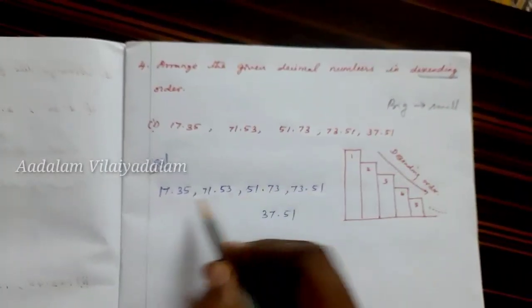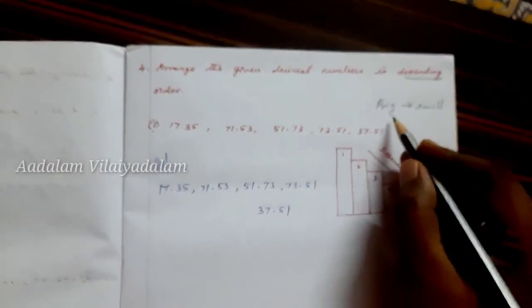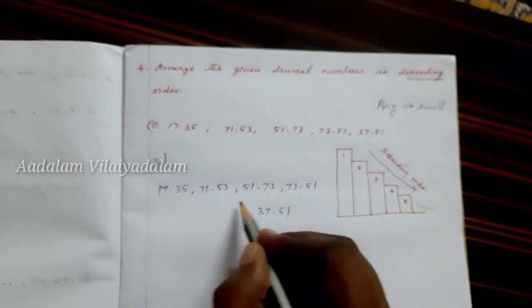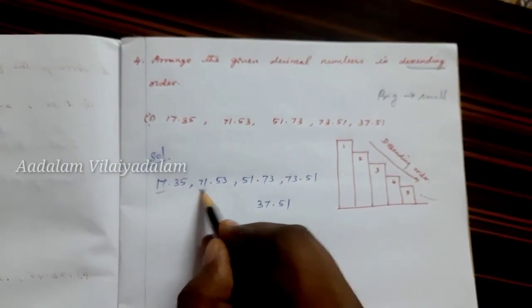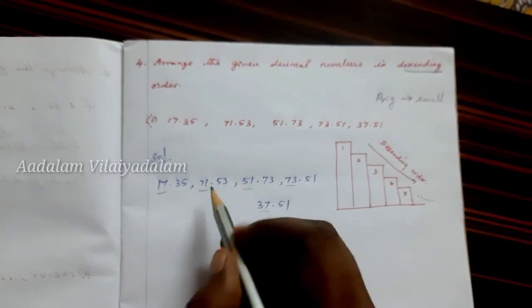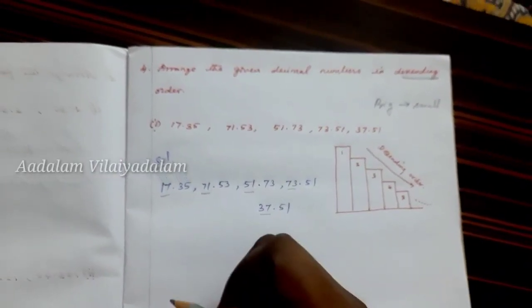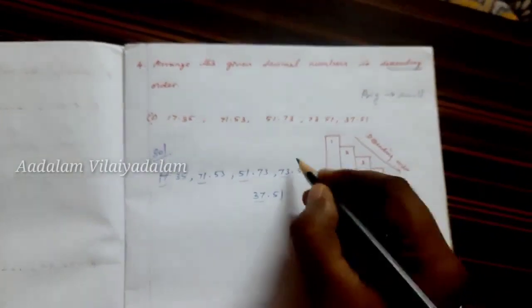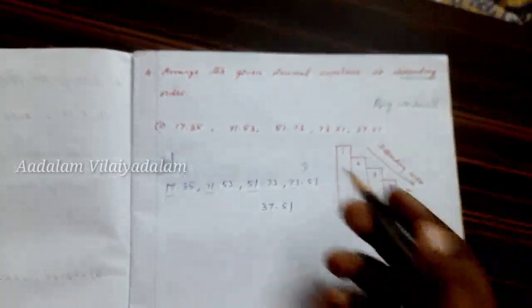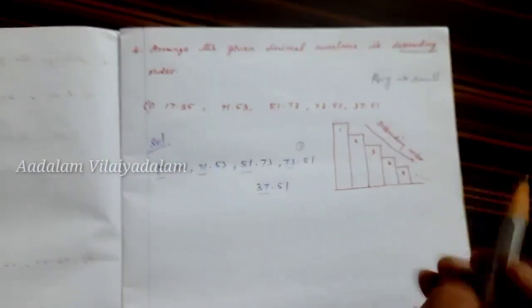Here let us find out the biggest number. Okay, so remember big to small. So what is the bigger number here? Compare the whole part: 17, 71, 51, 73, 37. Which is the bigger one? 73 is the bigger one. Okay, so there is no other number related to the 73.